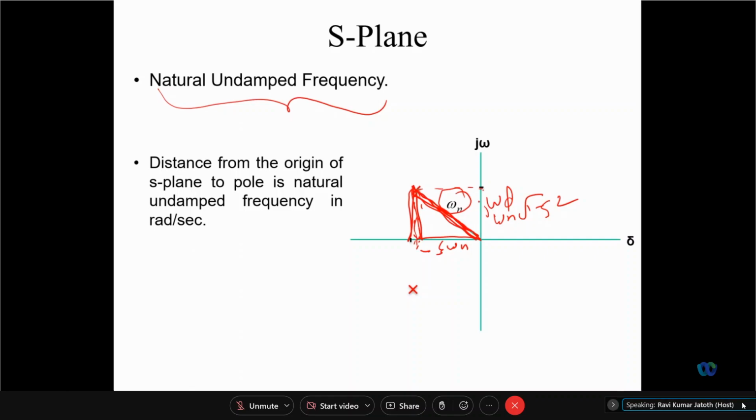Omega n is this. So how can you define omega n now? The distance from the origin of the S plane to a pole is the natural undamped frequency, and it is in radians per second. Yes or no? So the radial distance of this particular pole from the origin is defined as natural undamped frequency. Is it not?